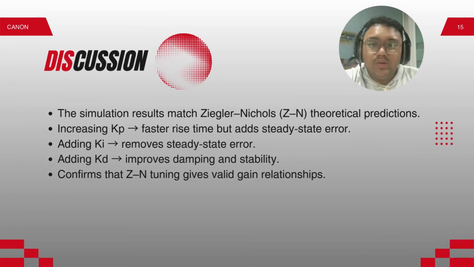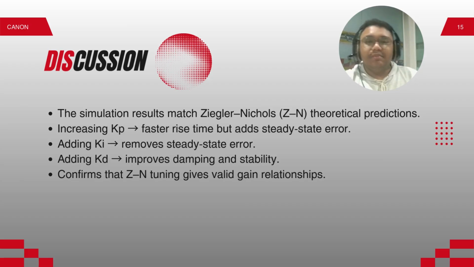For this slide, I will explain how our simulation result relate to the Ziegler Nichols or ZN tuning method. First, the simulation result closely match the theoretical prediction of the Ziegler Nichols tuning rule. This means the behavior we observe in the system is consistent with what the ZN method expects.